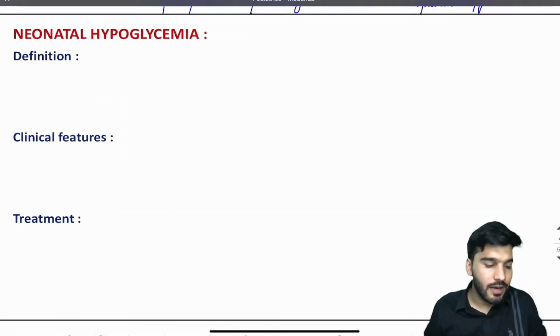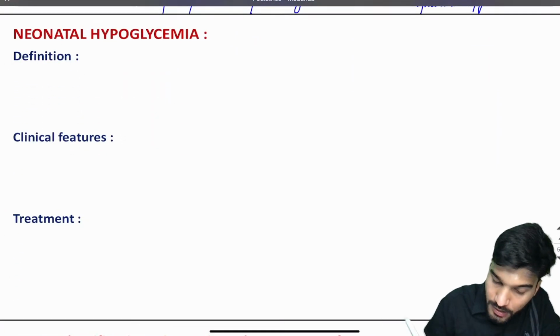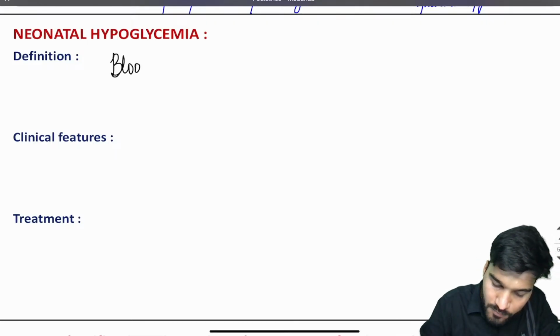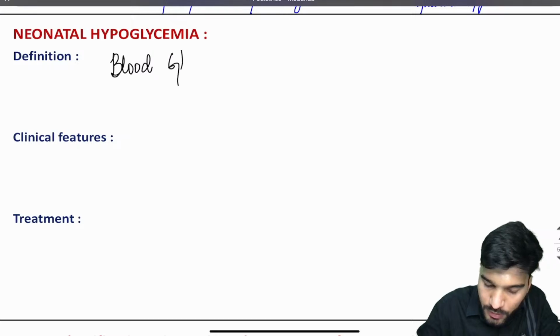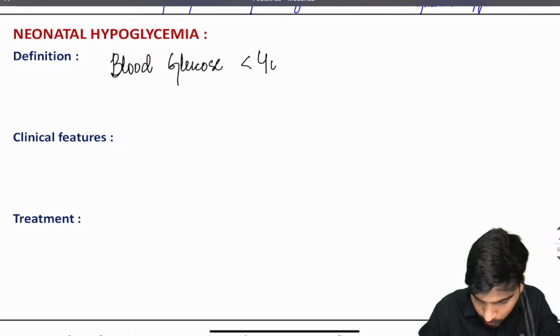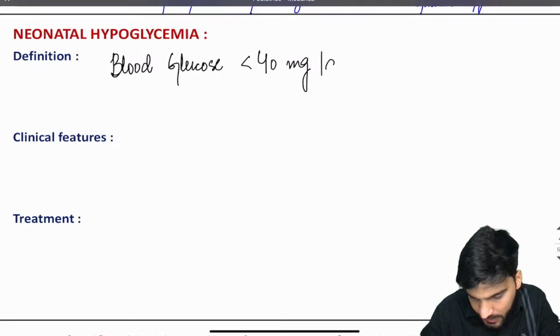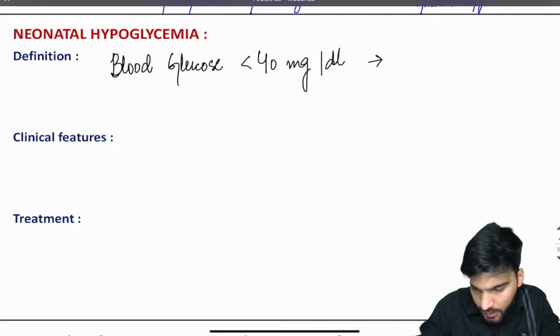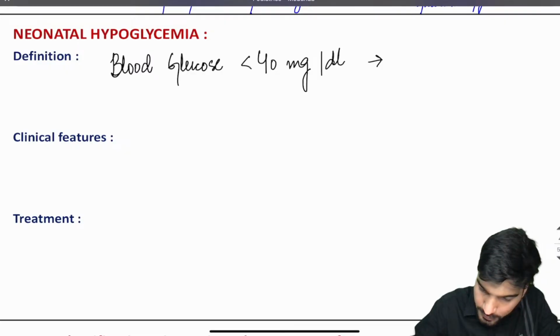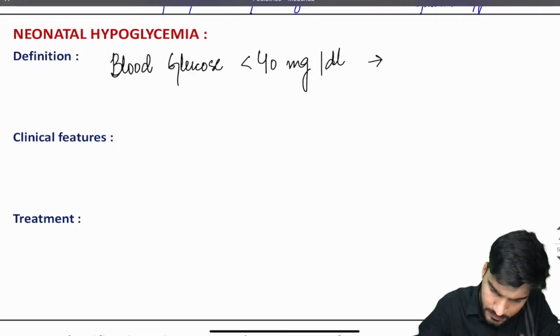Now neonatal hypoglycemia. The question they can ask is, what is the definition? How do we define neonatal hypoglycemia? The blood glucose is less than 40 mg per deciliter, or the plasma glucose is less than 45 mg per deciliter.